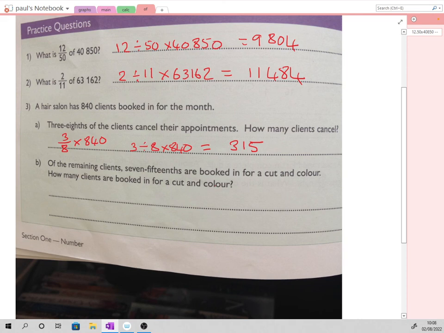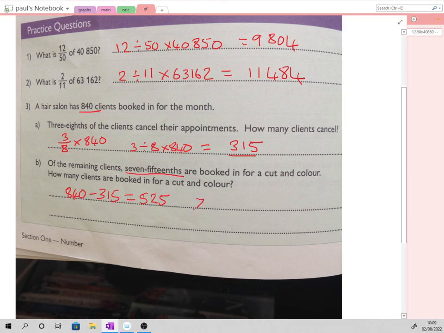Of the remaining clients, 7/15 are booked in for a cut and colour. How many are booked for a cut and colour? So these are all the people that cancelled, and these are all the clients. So if we do 840, take away 315, this will give us the remaining clients. 840 take away 315 is 525. Now we've got to find 7/15 of this number.